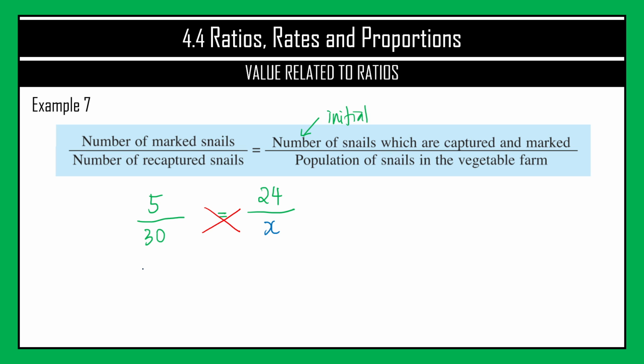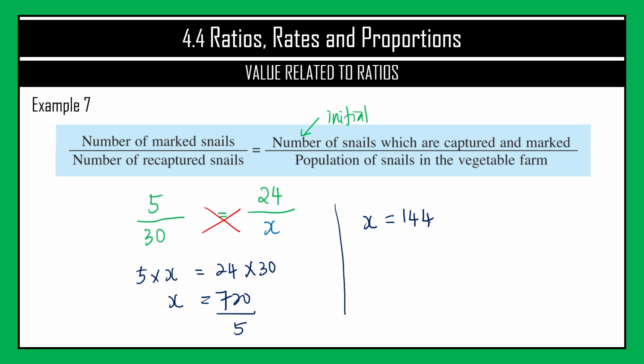So we get 5 multiplied with x, and then 24 multiplied with 30. So 24 multiplied with 30, alright, you get 720. Now we only want to find x, which means we need to divide with 5. So when you divide 720 with 5, you get a population of 144 snails.